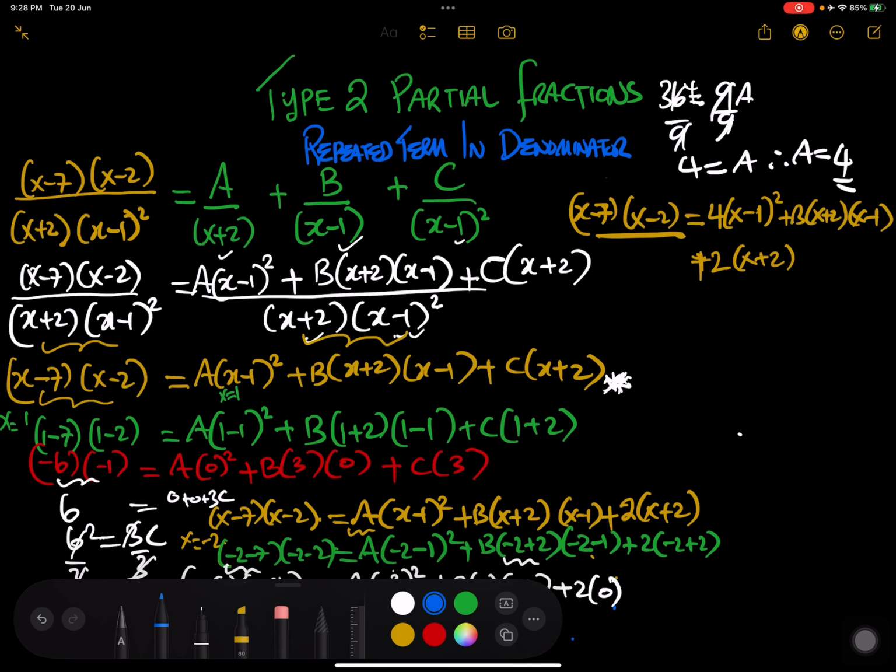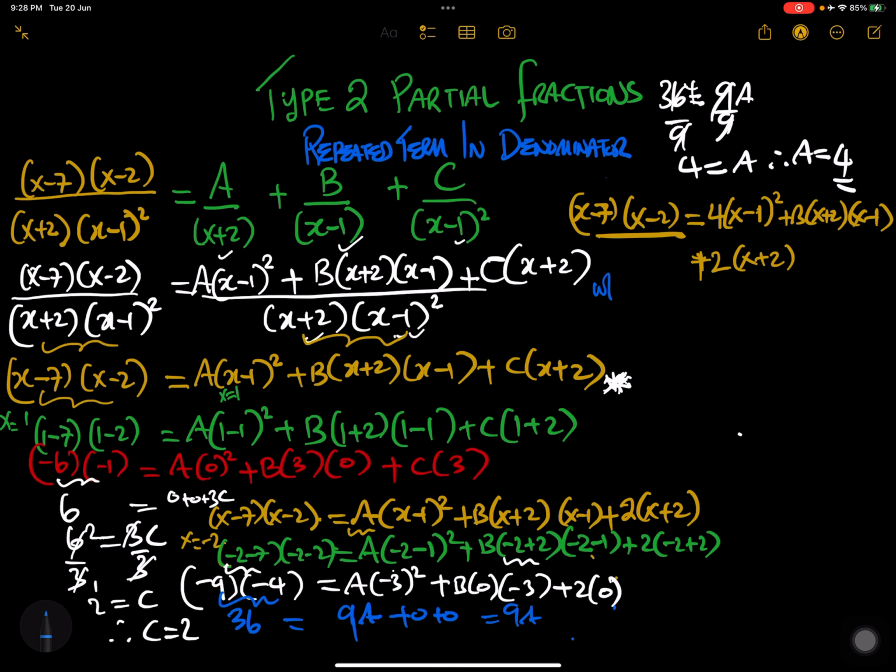When x is 0, we are going to have (0 − 7)(0 − 2) equal to 4(0 − 1)² plus b(0 + 2)(0 − 1) plus 2(0 + 2).